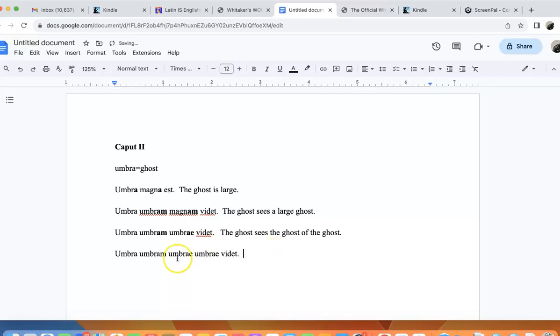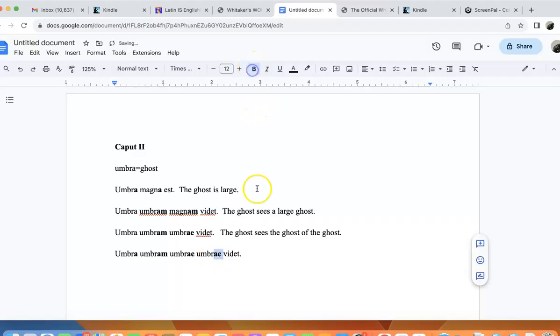Okay. Now this one, again, is somewhat of a nonsense. See if you can figure out how you might translate this one. So we have a or and then we have I. And then, but also we have this right here.